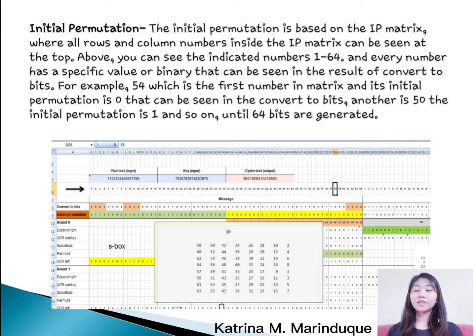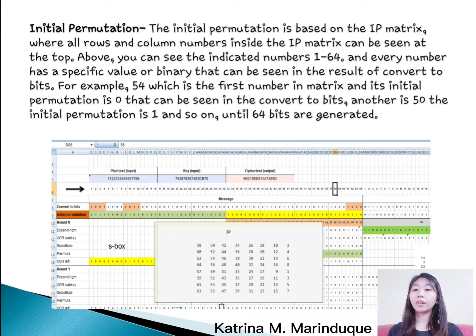Initial permutation. The initial permutation is based on the IP matrix, or initial permutation matrix, where all the row and column numbers inside the IP matrix can be seen at the top, above in the arrow, where you can see the indicated numbers 1 to 64. Every number has a specific value that can be seen in the result of the convert to bits.